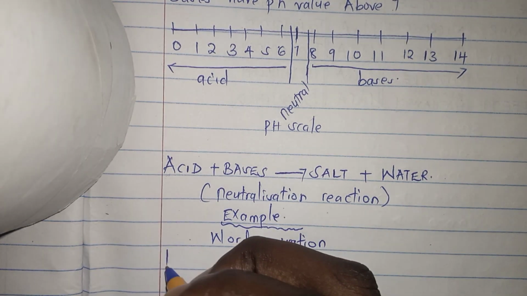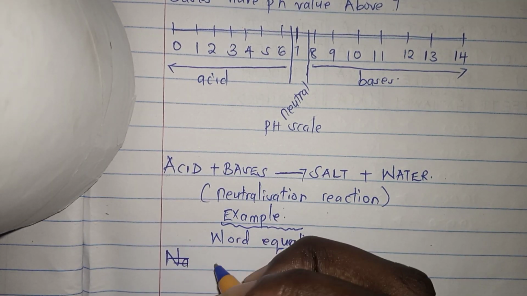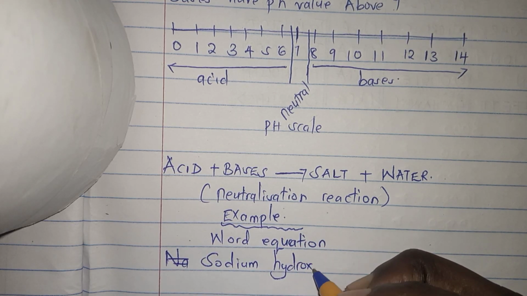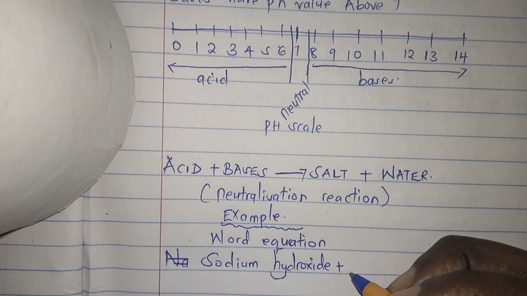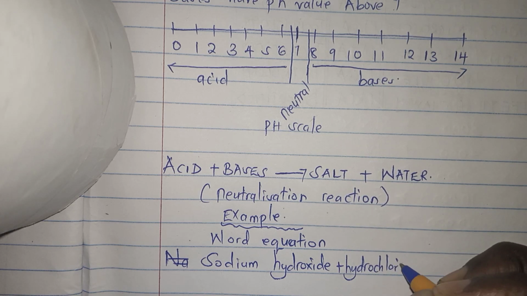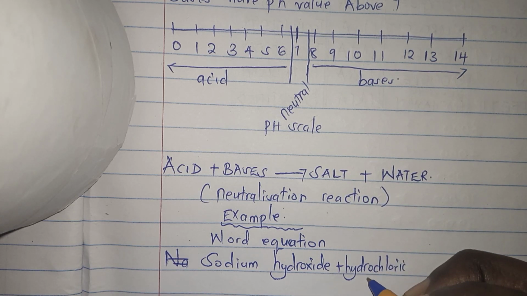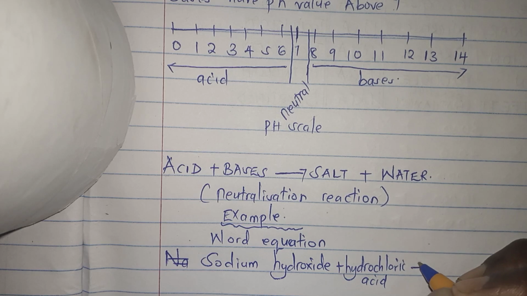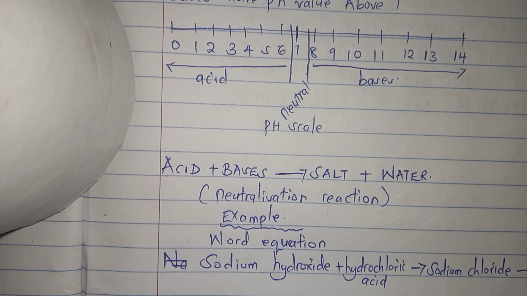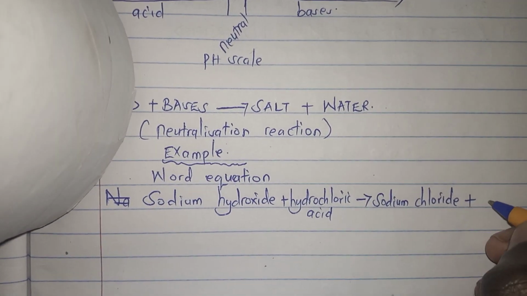I am reacting sodium hydroxide plus, let me say, hydrochloric acid. My product, or my result, will be sodium chloride. This is the salt that will be formed, sodium chloride, plus water.